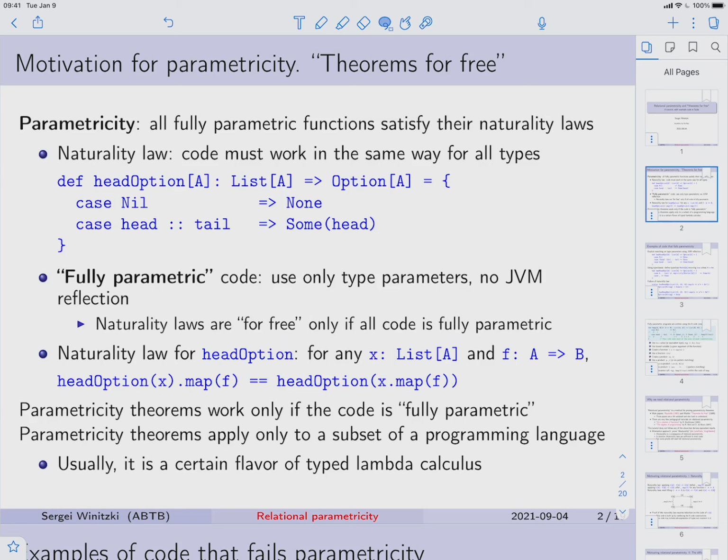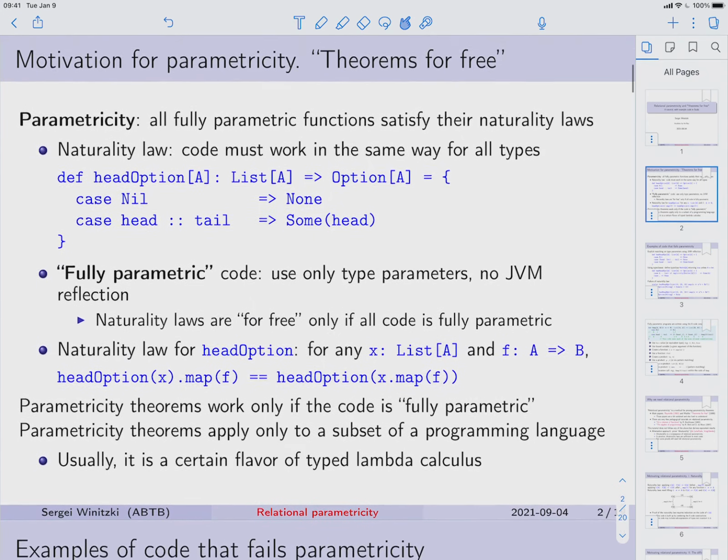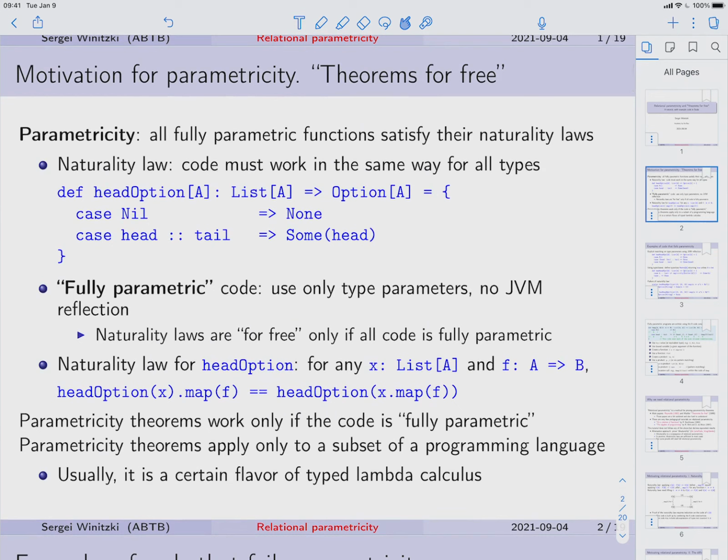As an example of a naturality law for head option, for any list x and for any function f of type A to B, we have this equation: head option of x, and then you map with f, is equal to head option of x mapped with f.